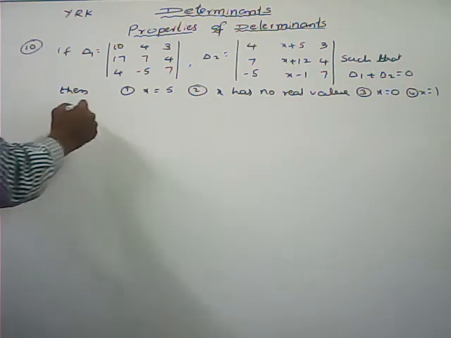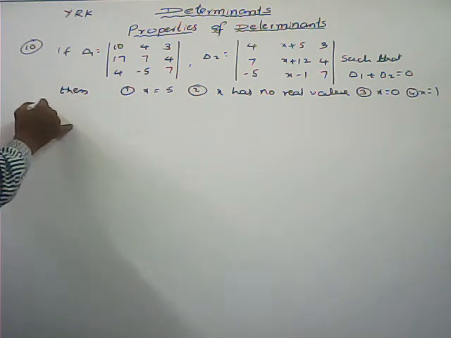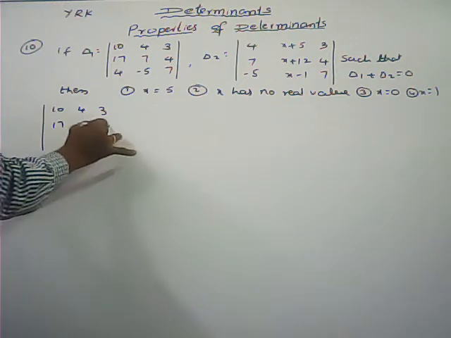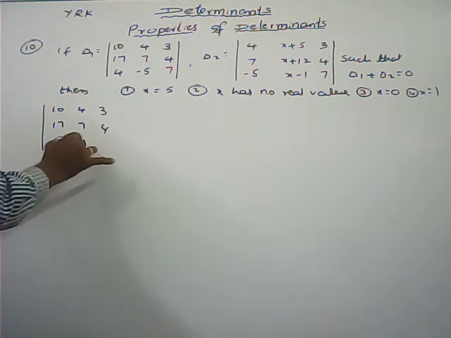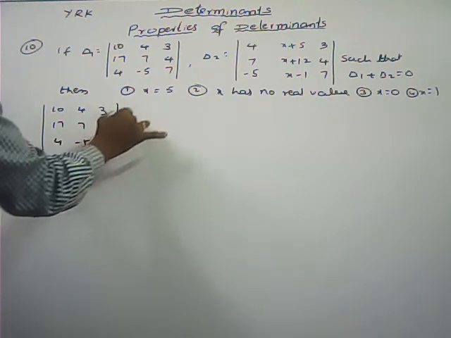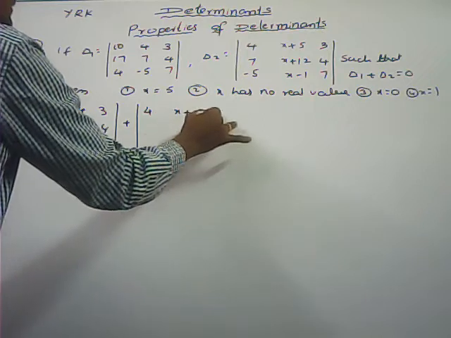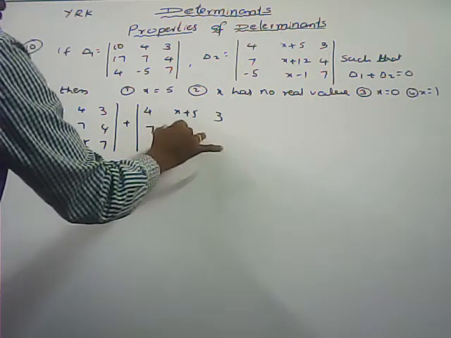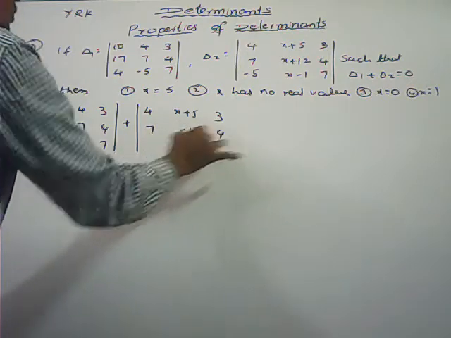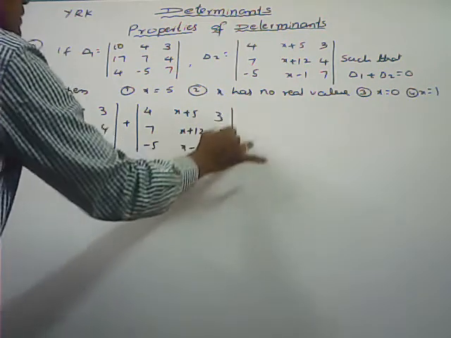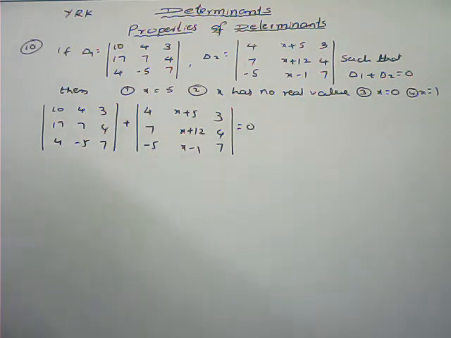Delta 1 is the determinant with rows 10 4 3, 17 7 4, 4 minus 5 7, plus delta 2, with rows 4 x plus 5 3, 7 x plus 12 4, minus 5 x minus 1 7, that is equal to 0. That is already given in the question.